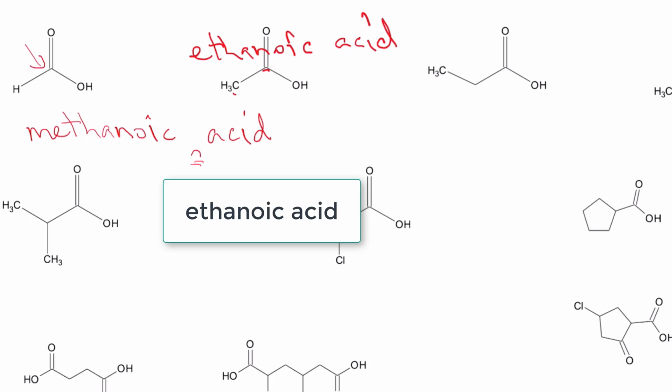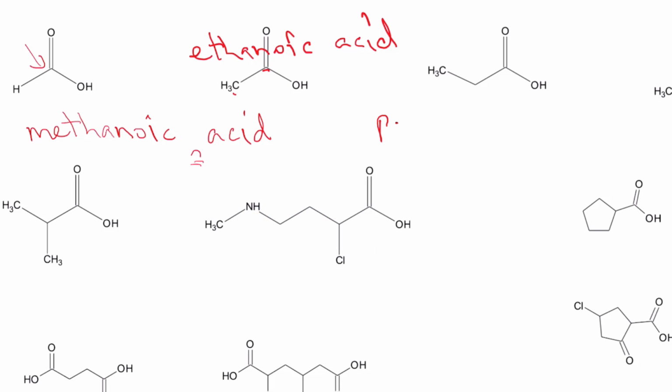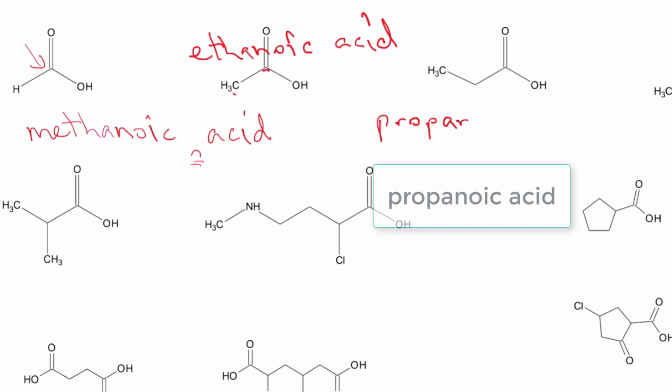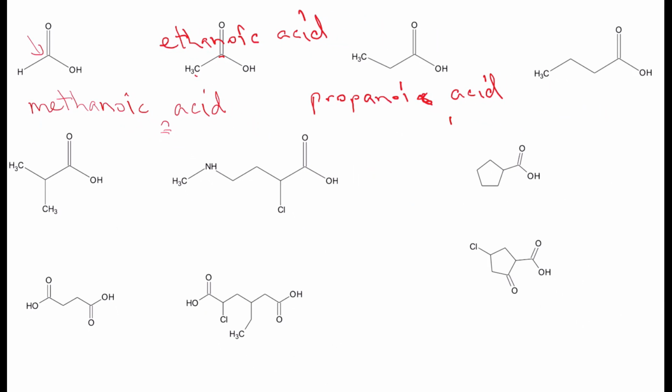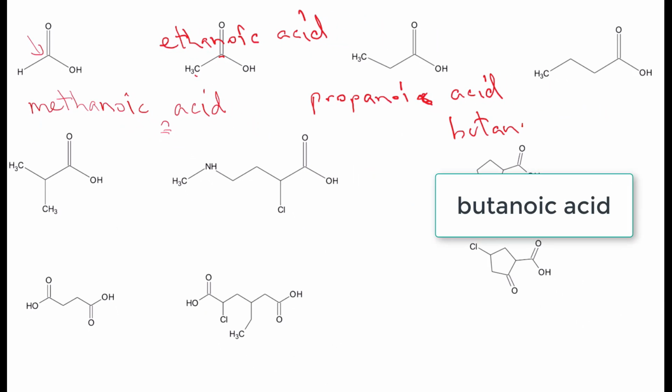The next one, there's three carbons. This is a propanoic acid. And finally, we have a butanoic acid. I'm going to write it down here. Very simple naming when it comes to the carboxylic acids.